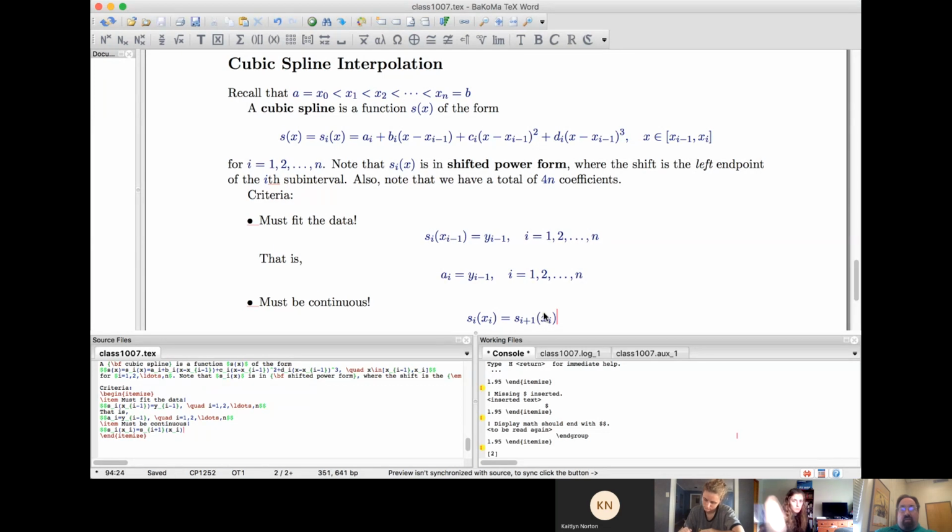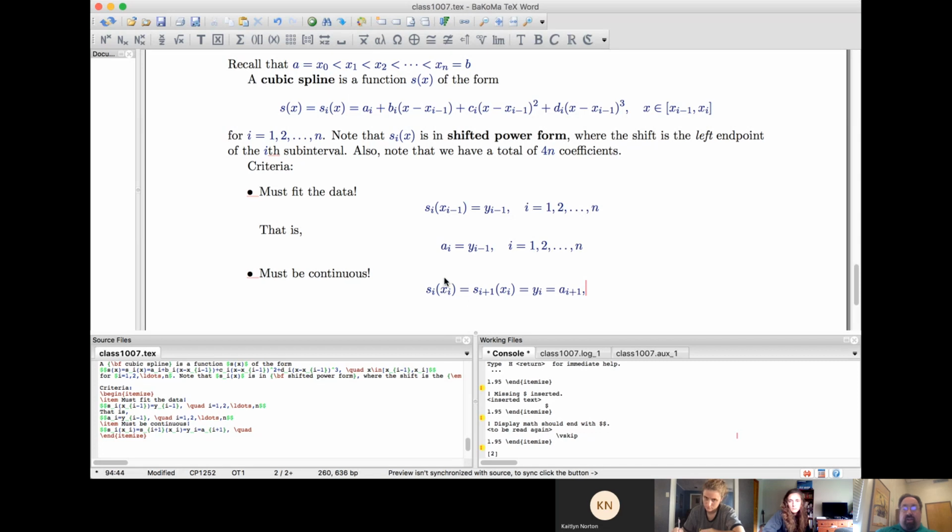But we already know what that is. That must be equal to y_i, which is also equal to a_{i+1}.